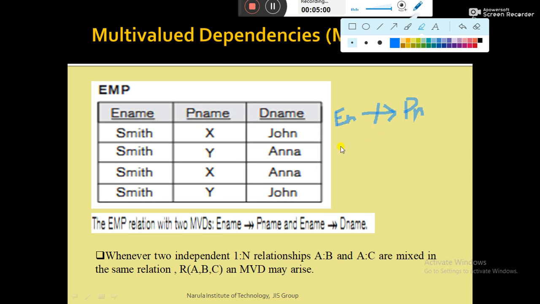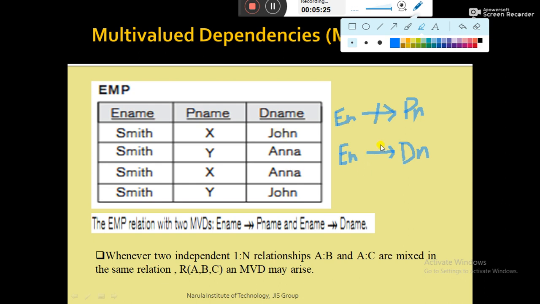Now can we write en, means employee name, arrow dependent name, dname I am writing in short dn? Can we write this functional dependency? No, because for a particular value of employee name Smith, we have two dname, John and Anna.